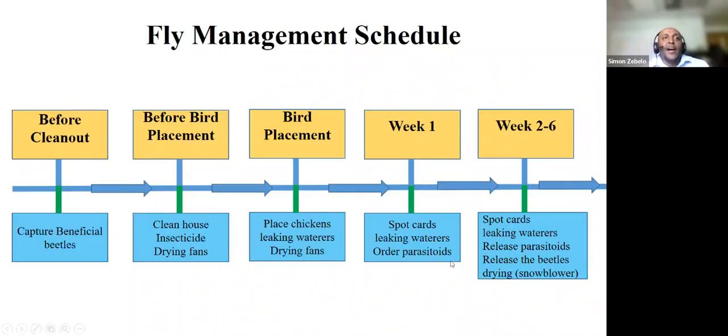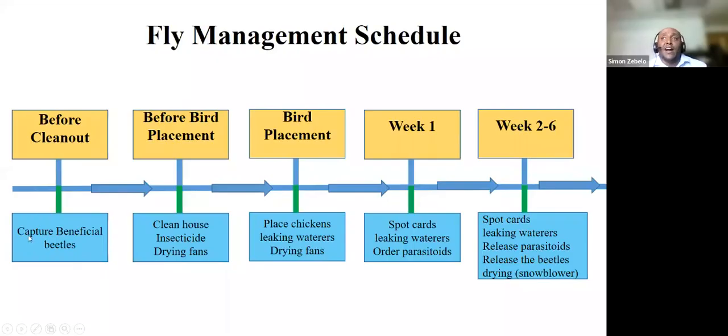At this time, you can order parasitoids from available sources like IPM Laboratory Inc. Between week 2 through week 6, spot cards have to be monitored weekly. Again, walk through the chicken house and check for leaking.